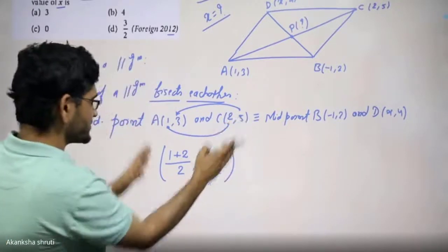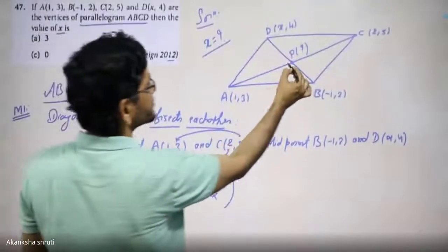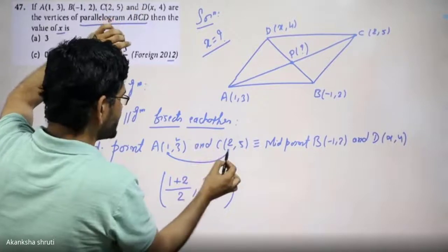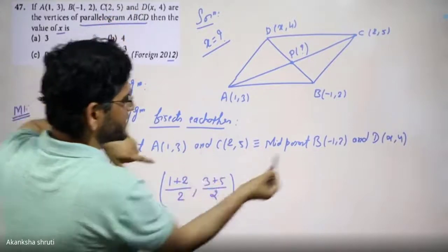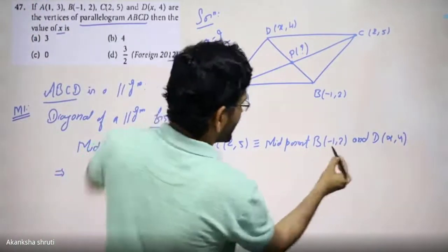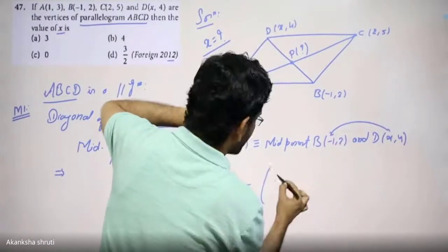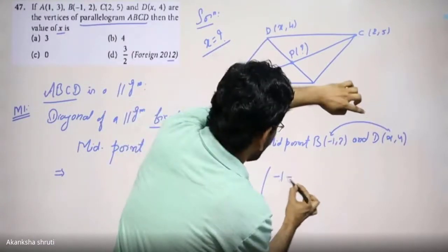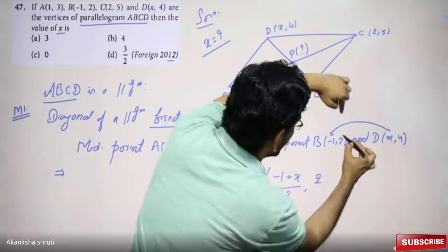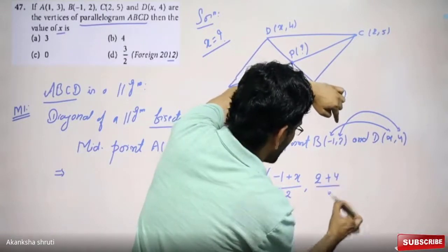This is the coordinate of the midpoint of AC, which is P. The same thing we can also obtain from B and D: the x coordinate will be (-1 plus x) divided by 2, comma, the y coordinate (2 plus 4) by 2.